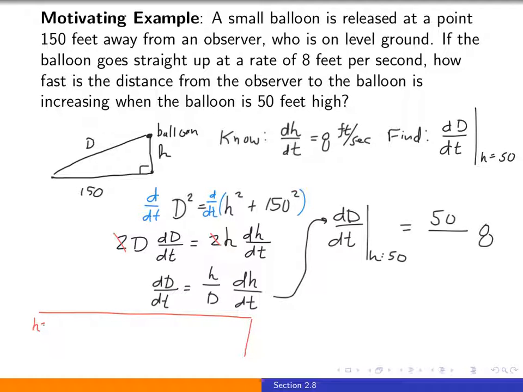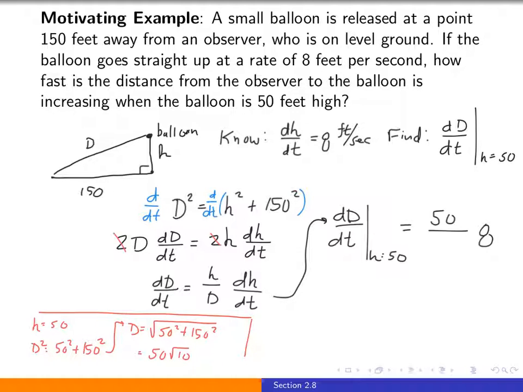When h is equal to 50, we have D squared is 50 squared plus 150 squared, which tells us that D is going to be the positive square root of 50 squared plus 150 squared, which is going to be equal to 50 square roots of 10.